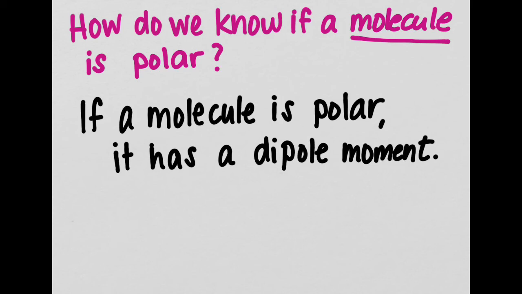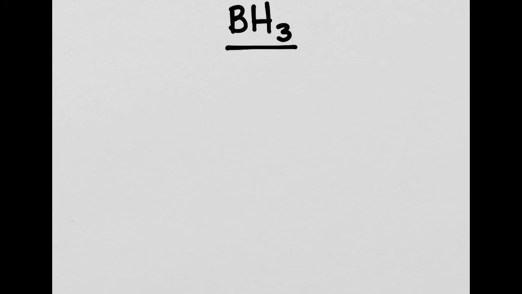Let's go ahead and take this concept and apply it to a molecule that doesn't have a dipole moment and talk about why. For this example, we're going to look at a molecule called boron hydride, which has the chemical formula BH3. So it has one boron and 3 hydrogens.